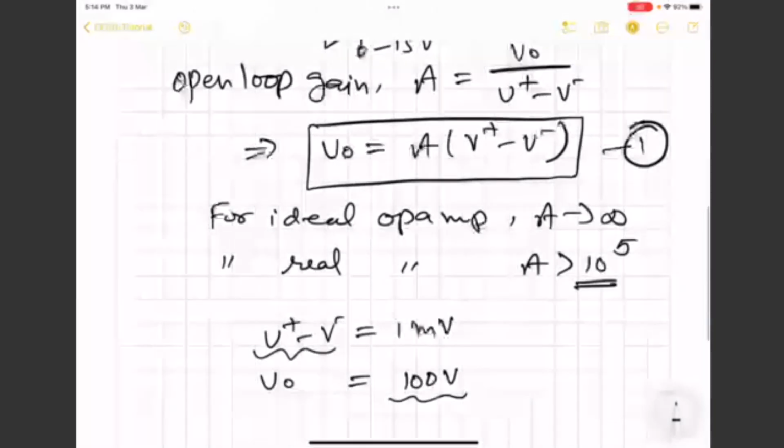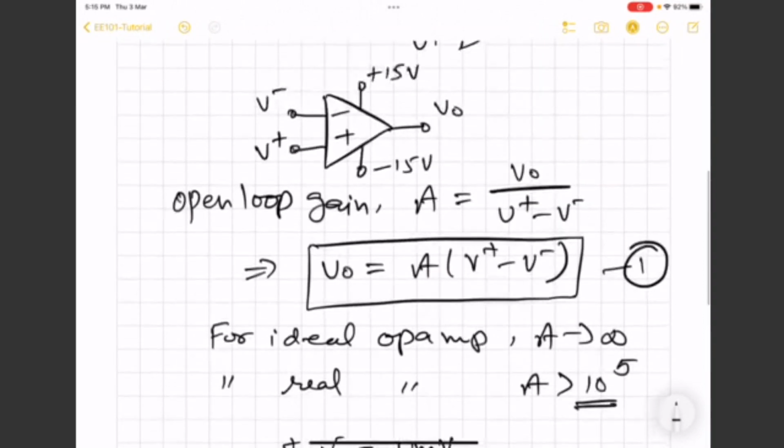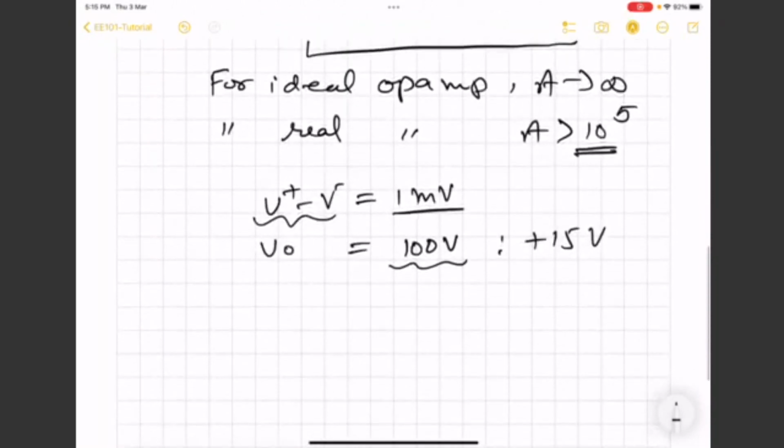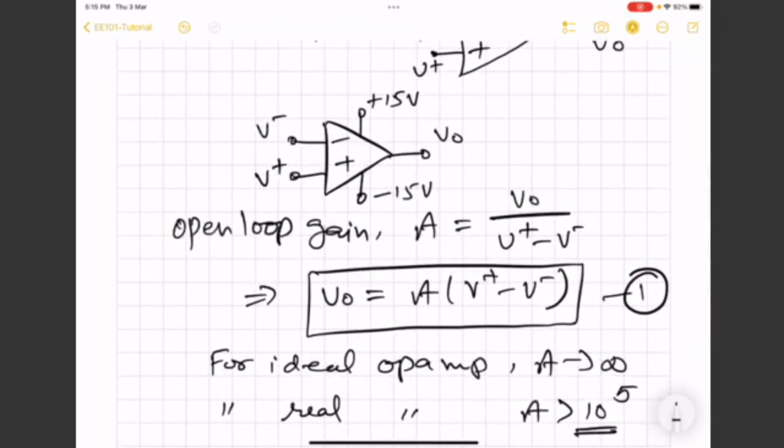So even in a scenario with this kind of input, the output voltage will be plus 15 volt, the maximum of the DC voltage supplied to the op-amp. Such outputs are called saturated output. That means this is the maximum output, you cannot go beyond this. And the maximum is of course decided not by theory but by these DC supplies.